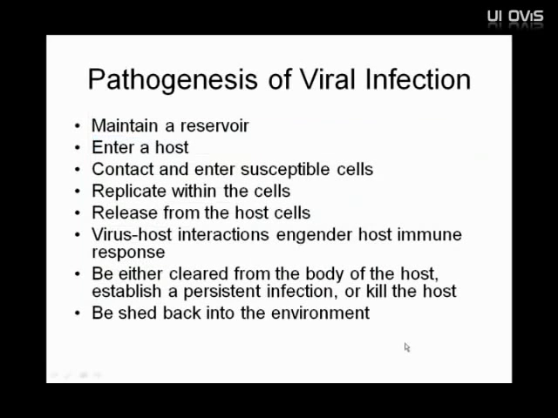The same process occurs in the pathogenesis of viral infection. The virus should enter the host, contact and enter susceptible cells, replicate within the cells, release from the host cells, and then interact with the host immune response, and this interaction will produce three outcomes: cleared from the body of the host, establish a persistent infection, or even kill the host.